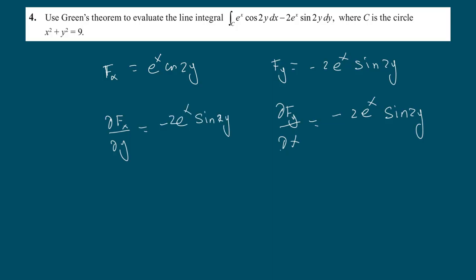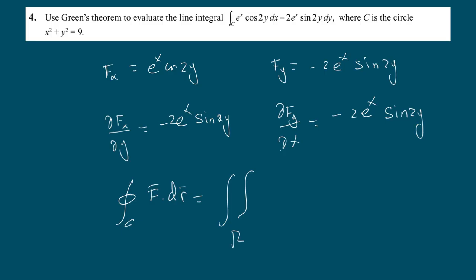So now I can apply Green's theorem. Green's theorem says don't do the line integral over the closed curve C. Do the double integral over the region of integration. The region of integration is the circle of radius 3. Of what?